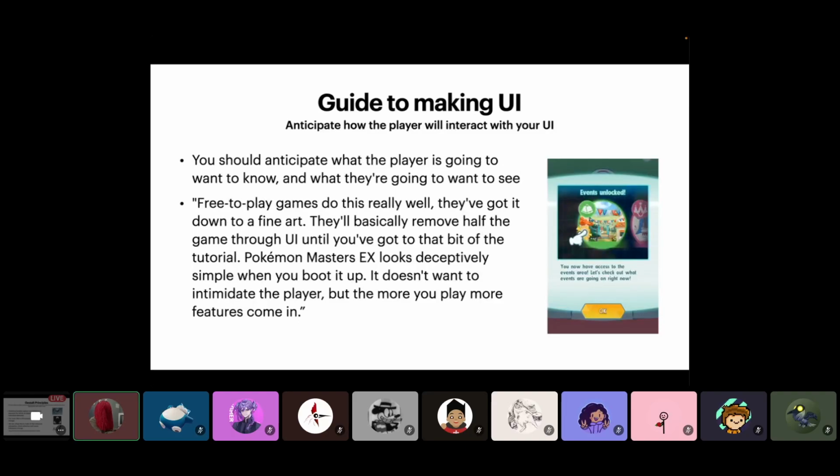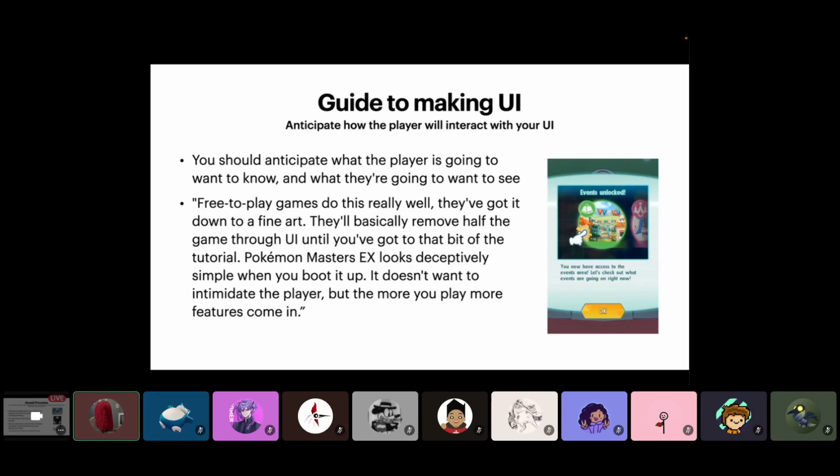Another big tip is to anticipate how the player will interact with the UI. Even though you might think many UI elements are really useful, sometimes you can predict what the player might want. So this is Pokemon Masters EX. I've never played this game, but this is a mobile game, I suppose.